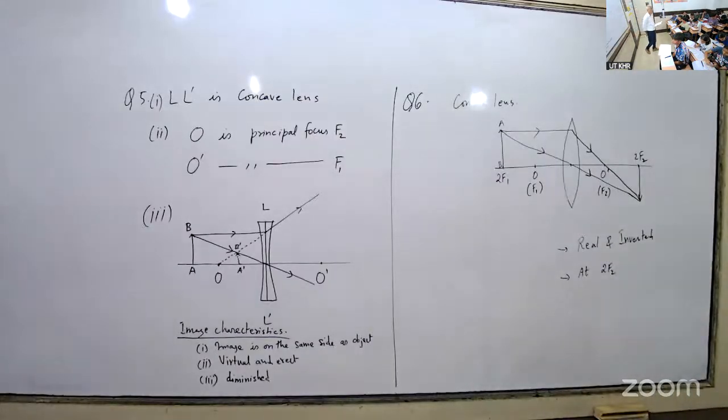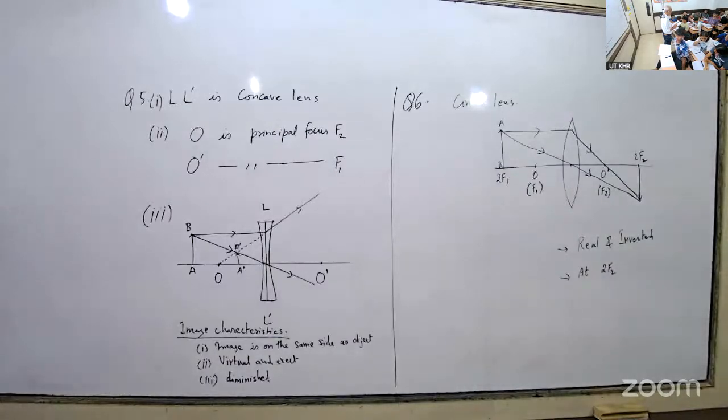You are also taking too much time. Would you like to answer? What is the object here? OA. O means object. What is the image? IB. So how is the image?